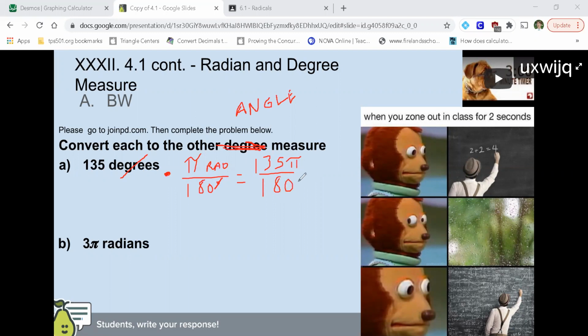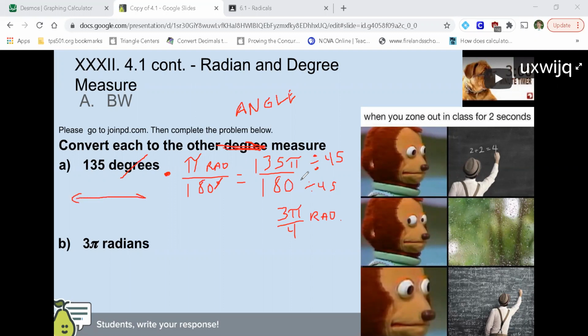Now I could, and I should, simplify this since both of those numbers are divisible by 45. And that gives us 3 over 4 pi radians, which should make sense.